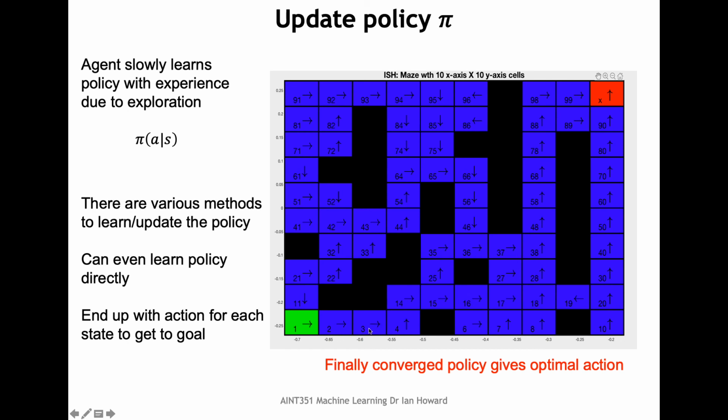We'd move to 3, and then we'd move to 4. Then from 4 we go to 14, 14 to 15, 15 to 16, 16 to 17, 17 to 18. Then we go all the way up here, and then all along here, and we'd end up in the goal. So after we've learnt the policy, we can just follow it, and it'll take us hopefully to the place that will maximise our long-term reward.